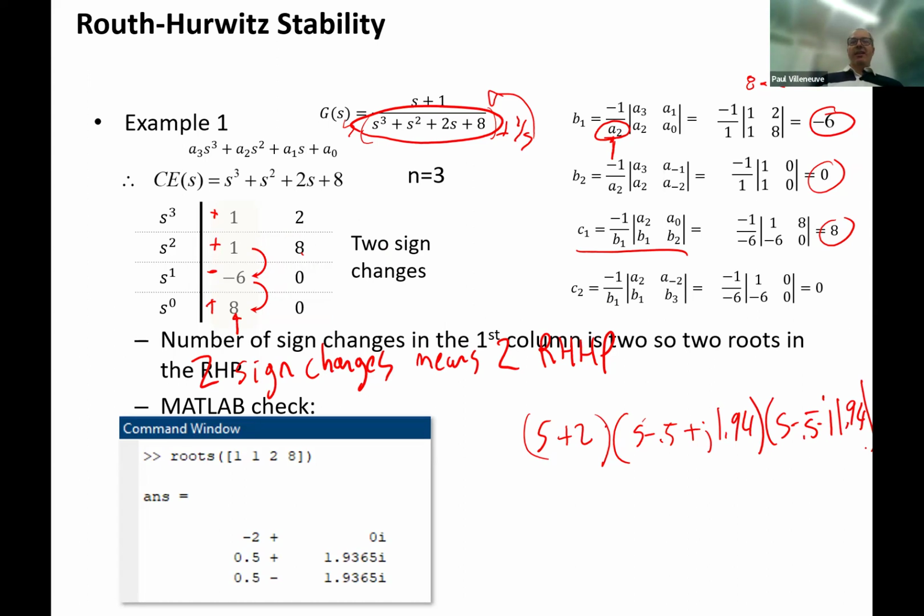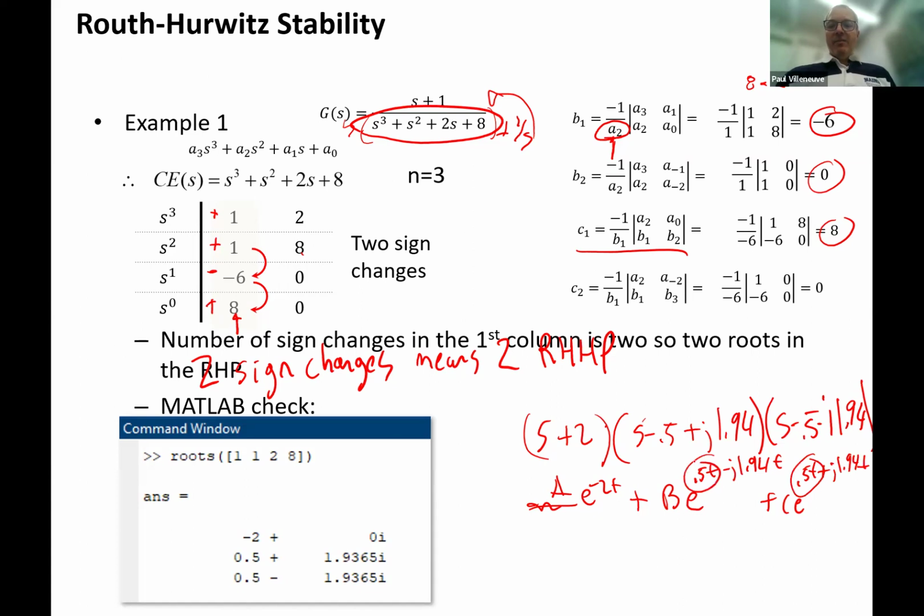So when we go back into the time domain, we know that this is going to be A e to the minus 2t, plus B e to the 0.5t minus j1.94t, and plus C e to the positive 0.5t plus j1.94t.